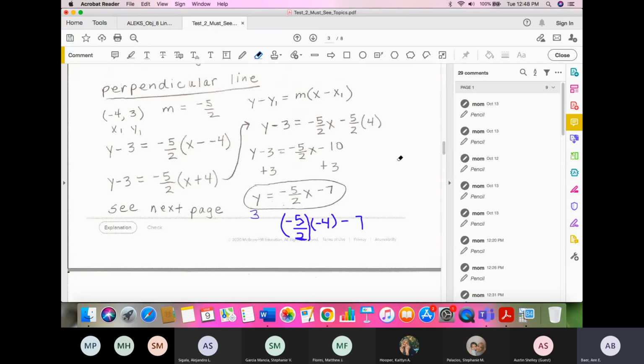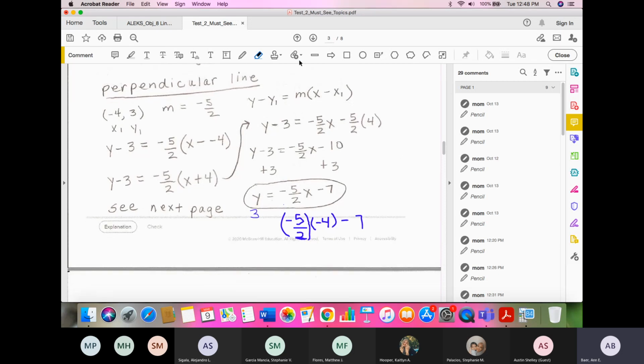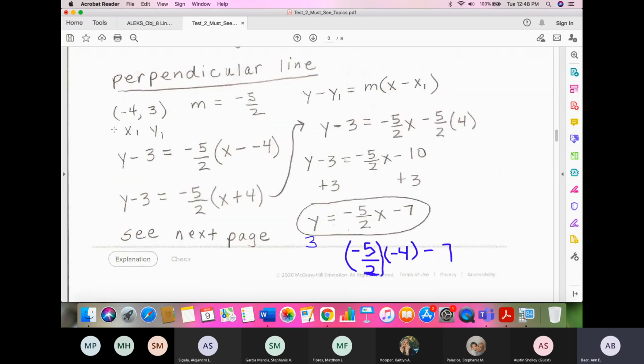Now I think it's very important that you check a point. It's a lot of calculations there, a lot of little details. It's important to check. So what point do we want to check? This point right up here, negative 4, 3. This point must satisfy our equation or we've done something wrong.